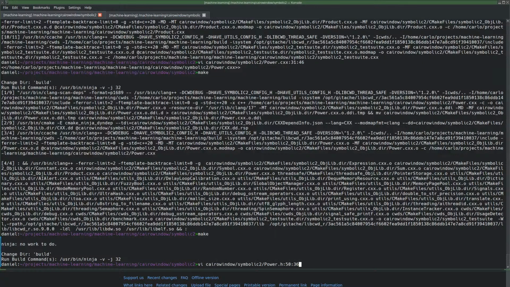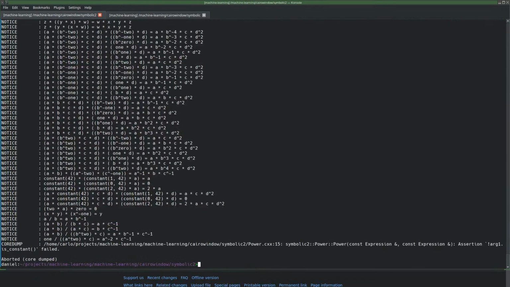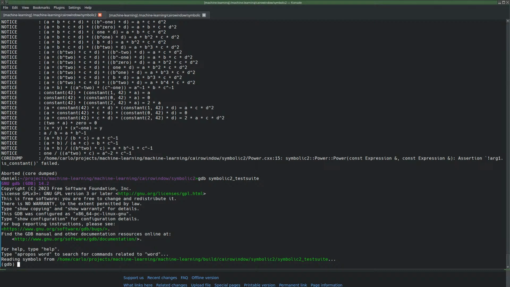Just compile. Now we're trying to make a power where the argument 1 is a constant. Seriously. Why are we doing that?